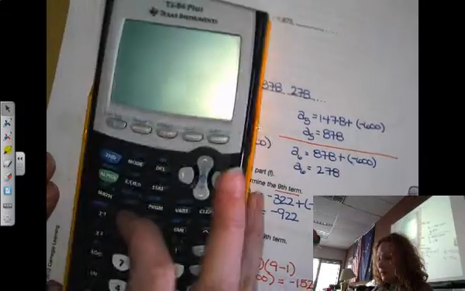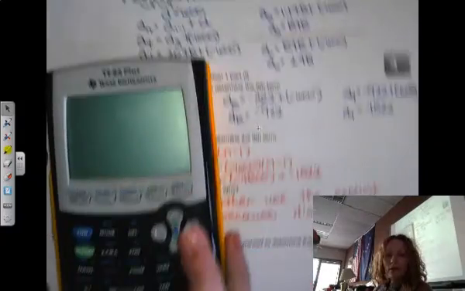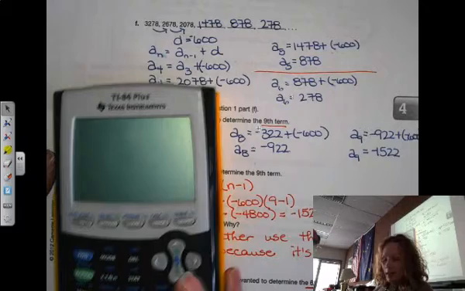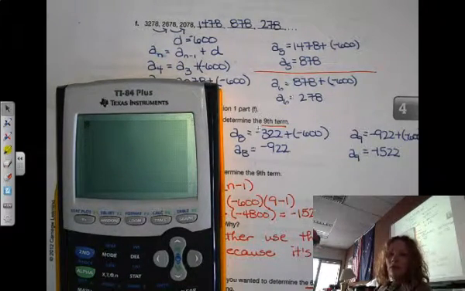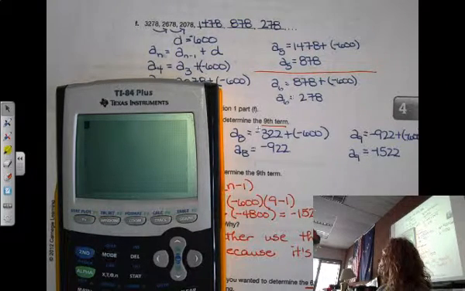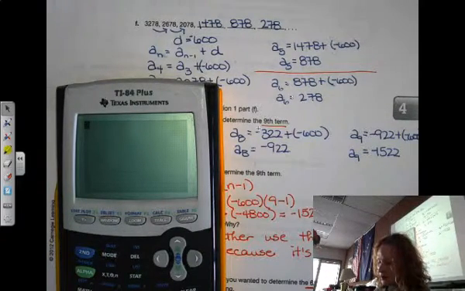So, let's do F, the one we were doing. Go to the home screen, everybody go to the home screen and hit clear. Are you guys with me? All right, we put in the first term, 3278, and hit enter.